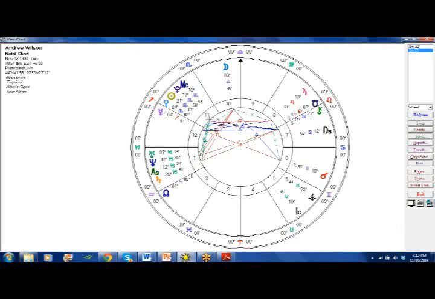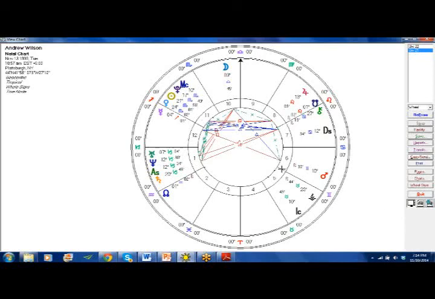So it's not all four elements represented by the angles of the chart. There's only two elements being represented. You have earth on the ascendant, and you have earth at the IC, Taurus here. You have water on the midheaven, and you have water on the descendant, Scorpio and Cancer. So that would suggest that perhaps those elements are a little bit stronger. And they're really strong because you have lots of planets in both earth and water as well.